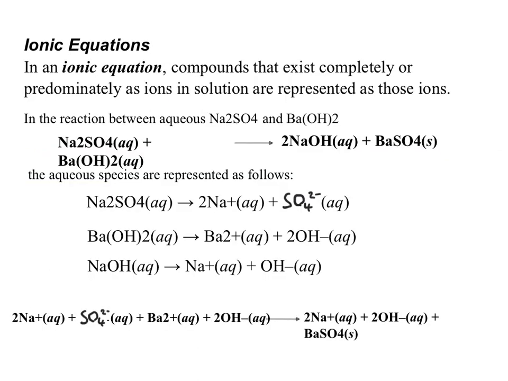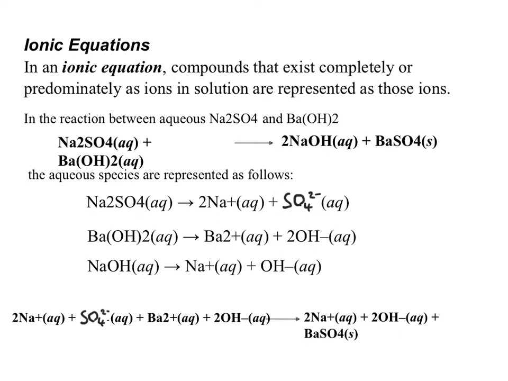Reactions in which cations in two ionic compounds exchange anions are called metathesis or double replacement reactions. Ionic equations. In an ionic equation, compounds that exist completely or predominantly as ions in solution are represented as those ions. So for example, in the reaction between sodium sulfate and barium hydroxide, the aqueous species are represented as follows. Sodium sulfate is split into sodiums and sulfates.